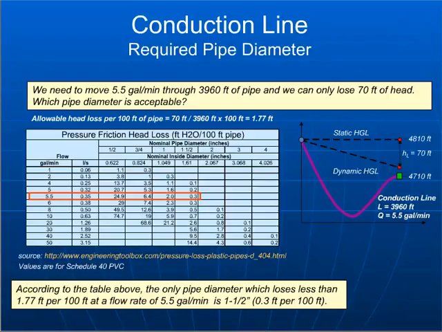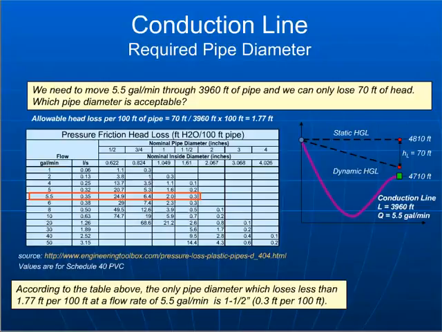And so the way that we would solve this problem for our particular system here is we would look at the column on the left and identify our flow rate of 5.5 gallons per minute. And then, again, we're allowed to lose 70 feet over 3,960 feet of horizontal pipe length.